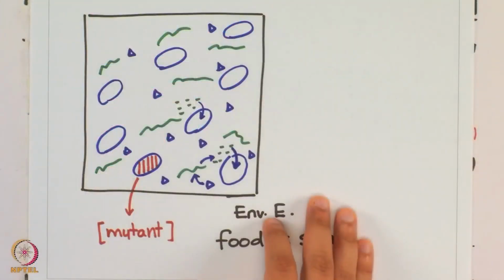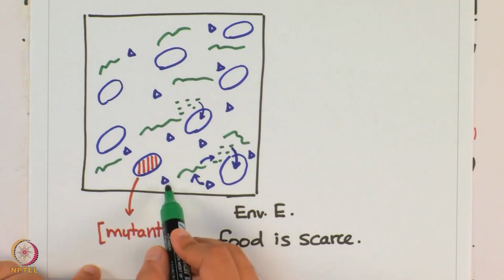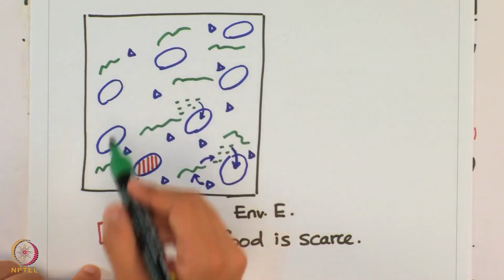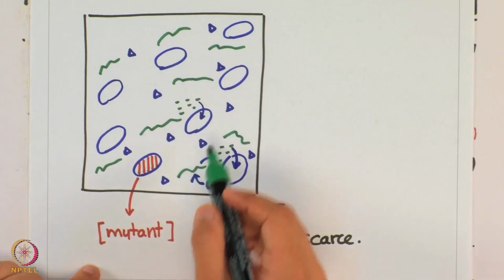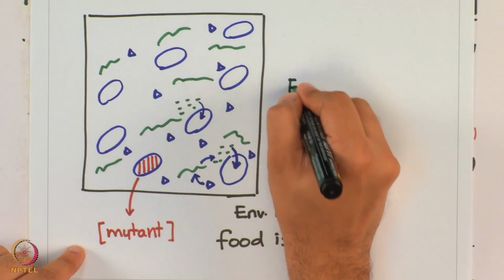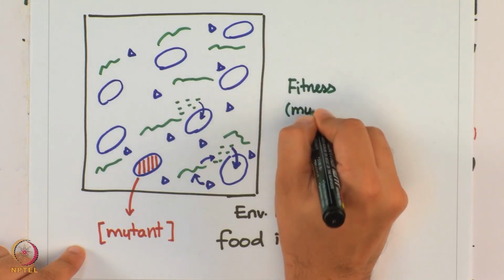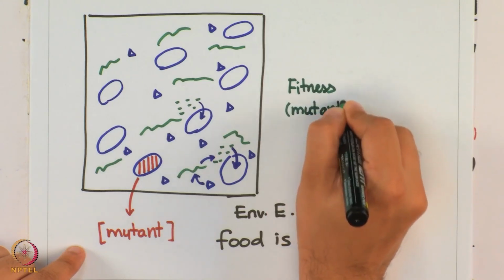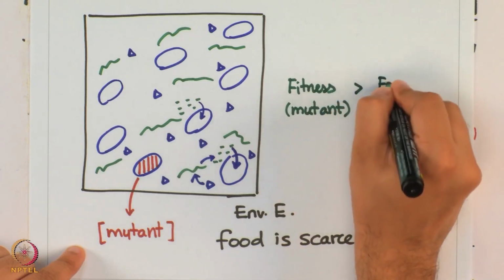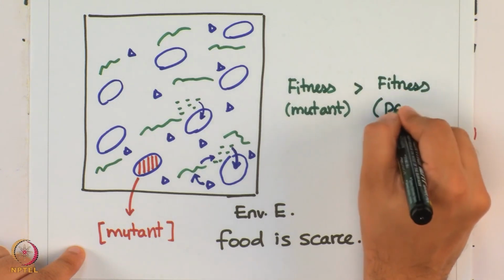So, in a setting such as this, because my mutant is not paying any cost in terms of production of enzyme, and every other individual in the population is paying that metabolic cost, the fitness of the mutant is more than the fitness of what we will call the parent genotype.